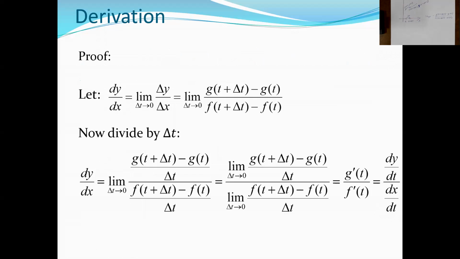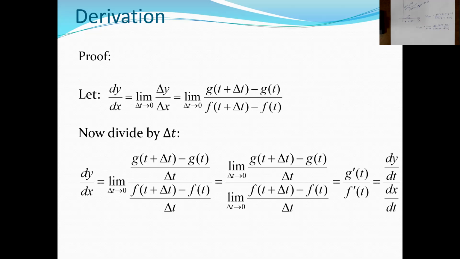So let's get the derivative from that. The way we're going to want to define our slope is to take the limit as delta t approaches 0, to get the distance between the 2 points as close together as possible, of this g of t plus delta t minus g of t over f of t plus delta t minus f of t.